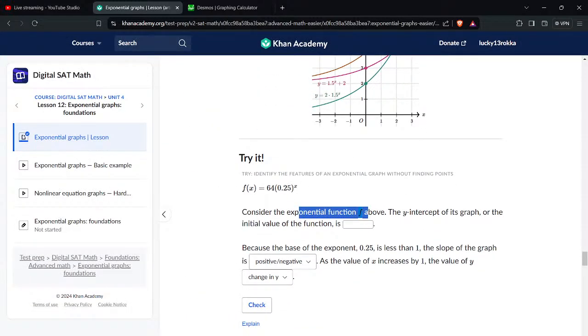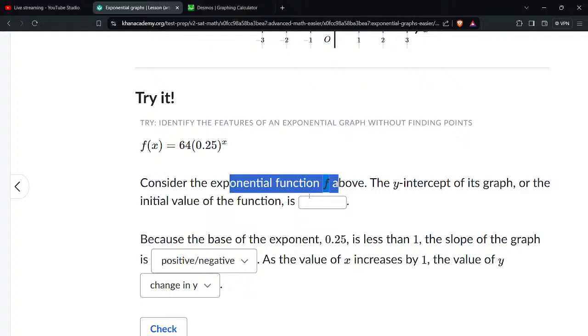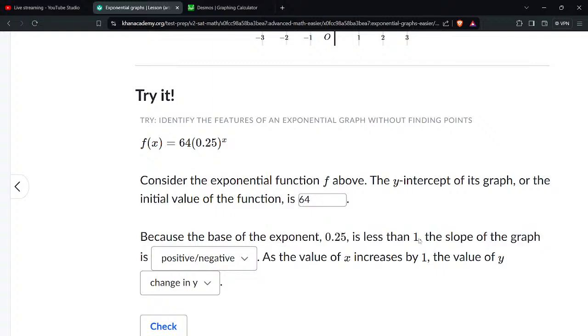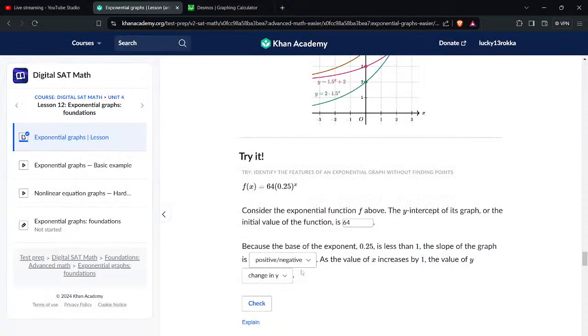Because it is an exponential function, the initial value of the function is 64. Because the base of the exponent, 0.25, is less than 1, the slope of the graph is negative.